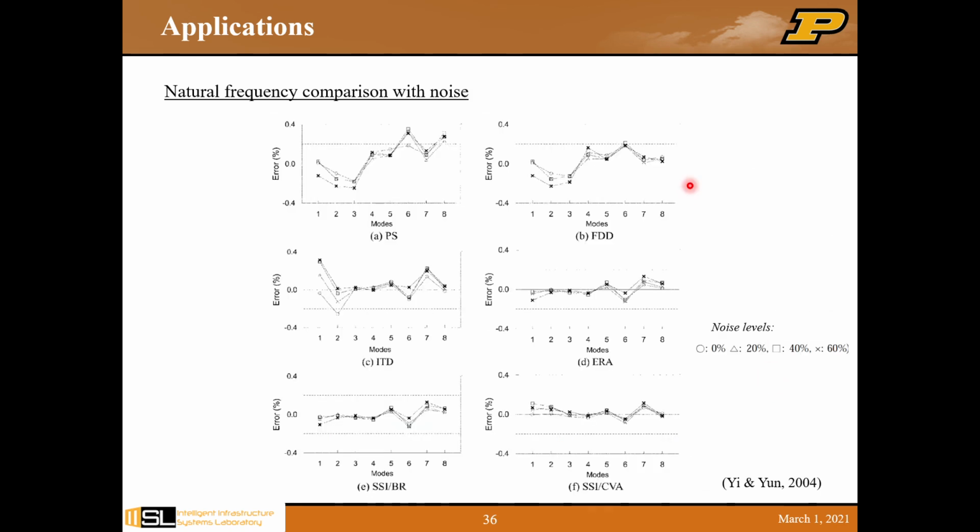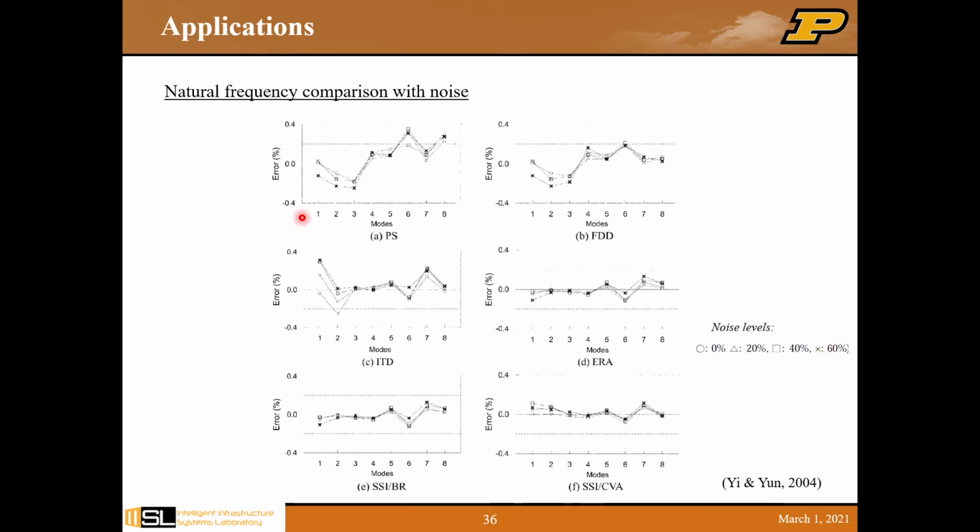Secondly, the figure here shows the comparison of the natural frequency error with respect to the noise level. Circle means there's no noise, triangle means there's 20% noise, and cross means there's 60% noise.